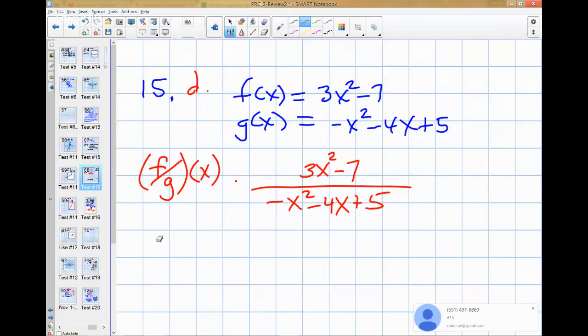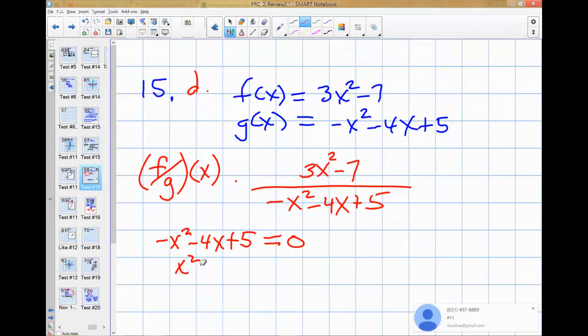So let's just do that. Negative x squared minus 4x plus 5 cannot equal 0. We know that. When might that occur? Well, we know we want not equal, but we're just going to set it equal because we want to find out when it would equal 0.